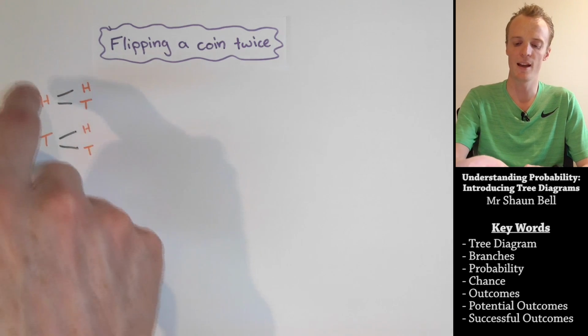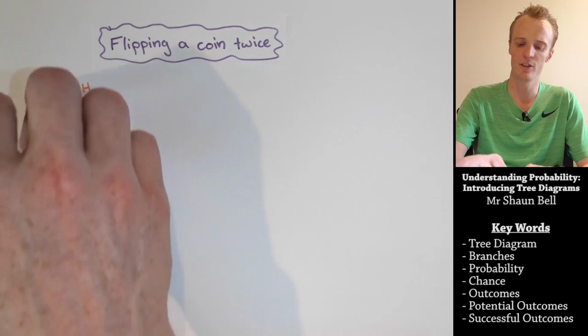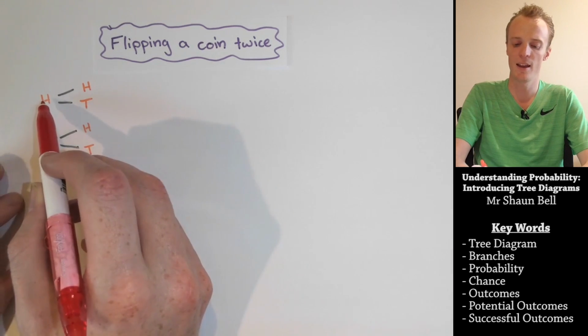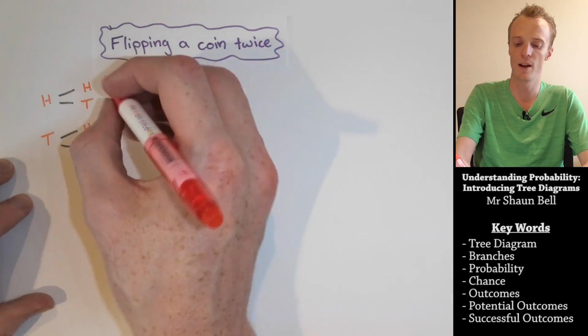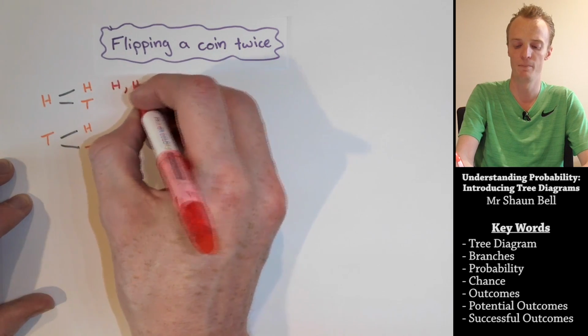It starts with the outcomes of the first event, and then it branches out to the potential outcomes of any subsequent event. So if we wanted to know what all our potential outcomes are, we start here and continue along our branch. Our first potential outcome would be a heads followed by another head.